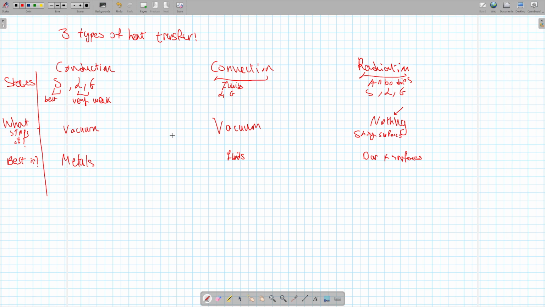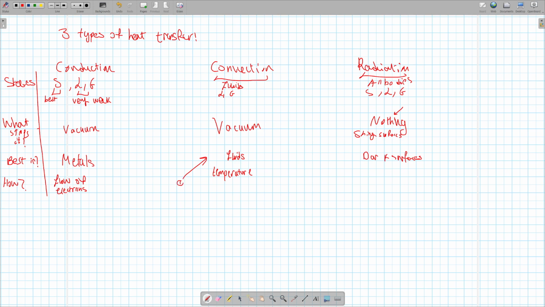Okay, how does it happen? Let's go quickly. Conduction happens by the flow of electrons. Convection is not directly due to temperature, even though temperature plays a factor.